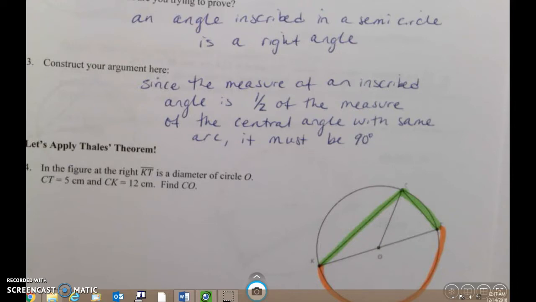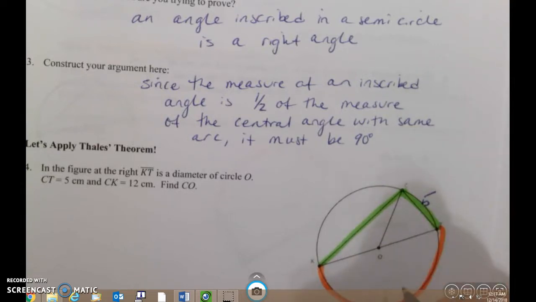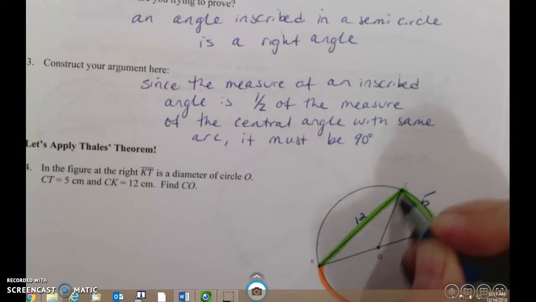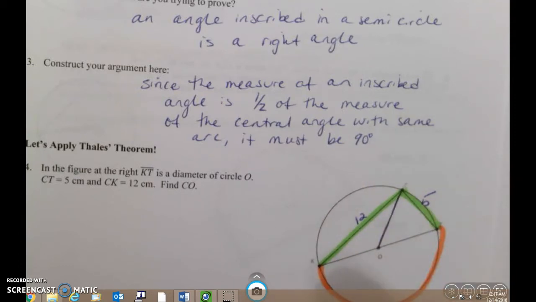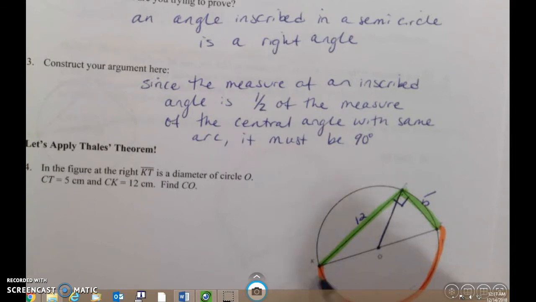For example, number 4 says KT is the diameter of circle O, CT is 5, CK is 12, and they want us to find CO. So this is what they're looking for right here. Now what I know is because this inscribed angle intercepts a semicircle, this is a right angle, which means triangle KCT is a right triangle.